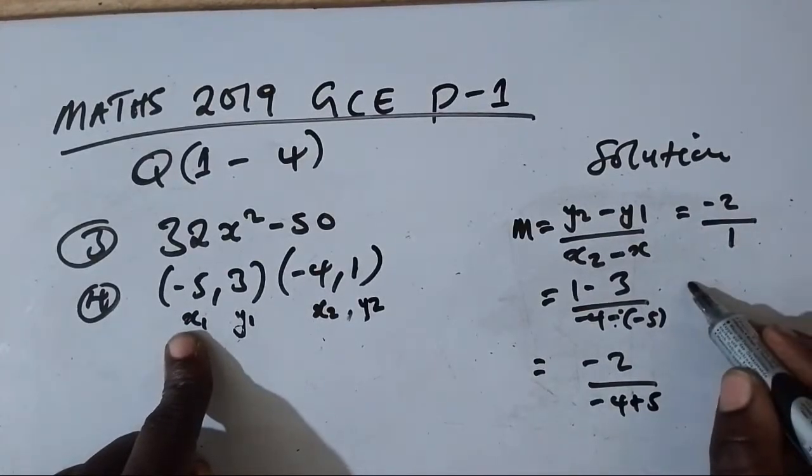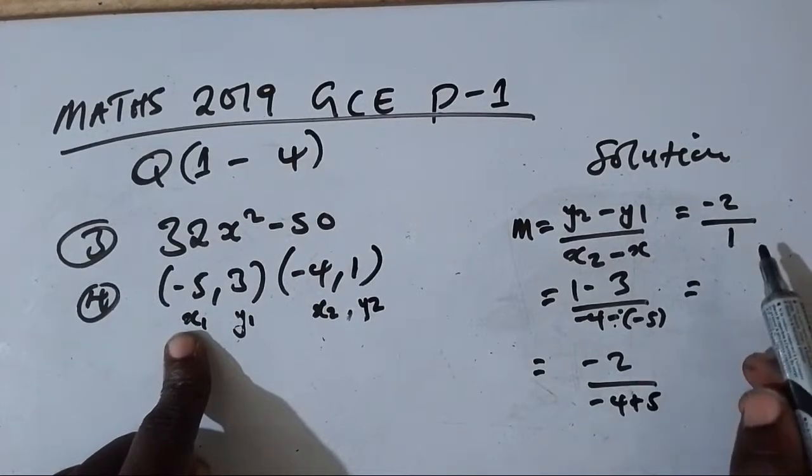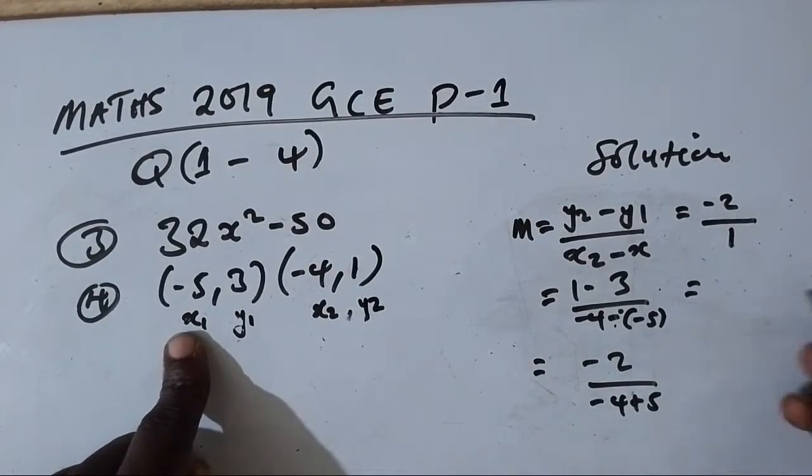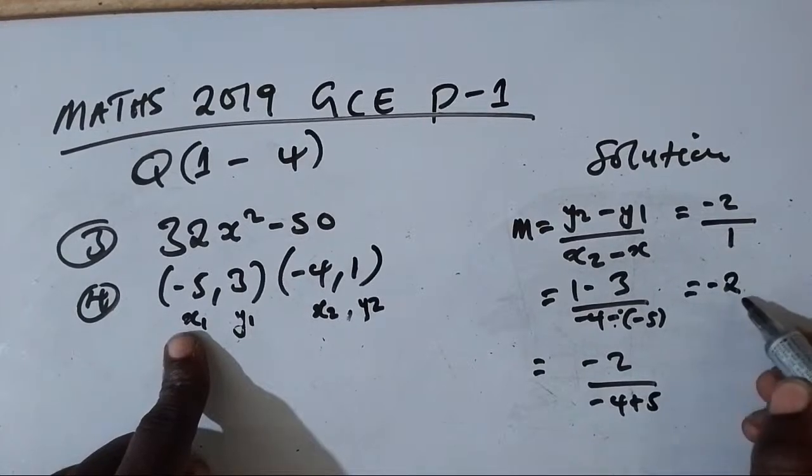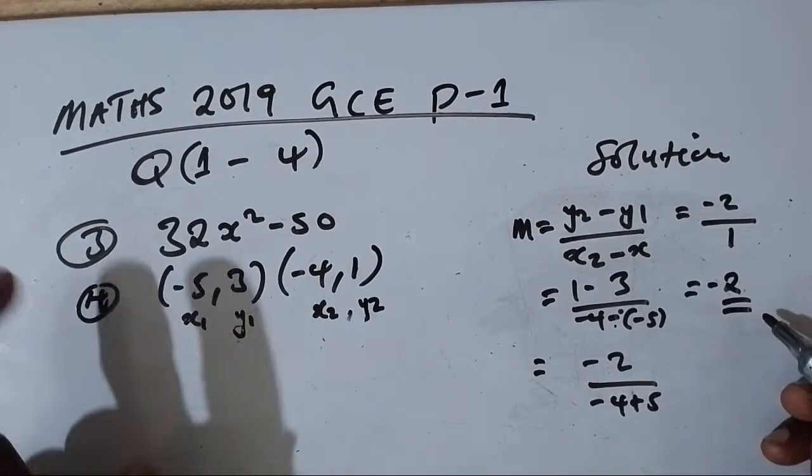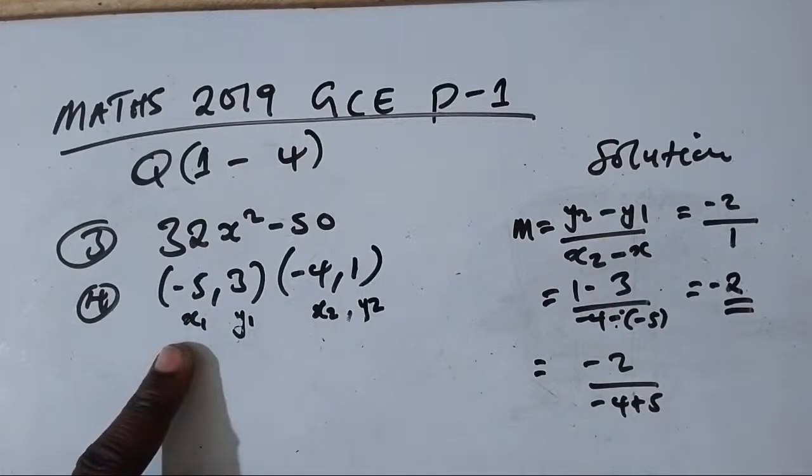Then here 1 into minus 2, we are going to get minus 2. So this is our gradient for these 2 points here.